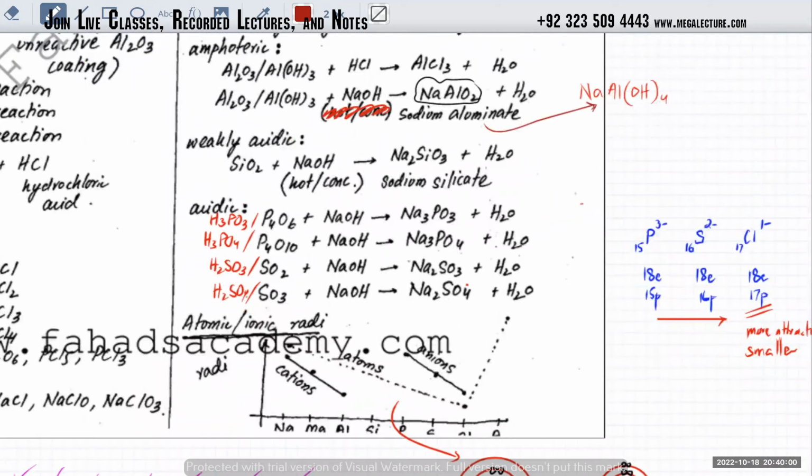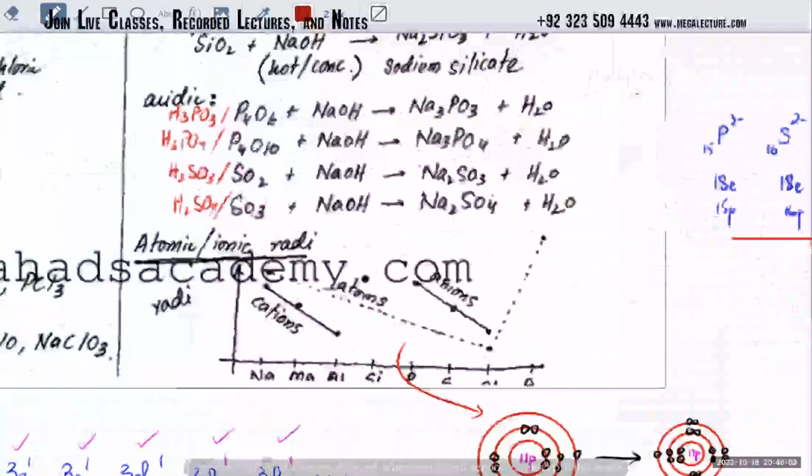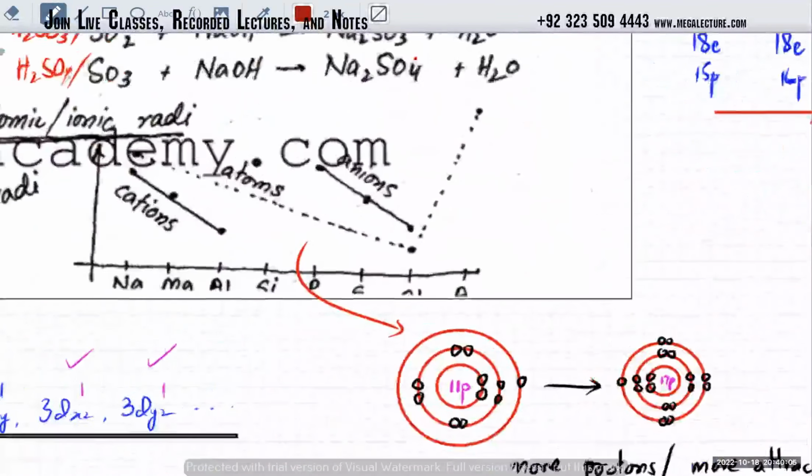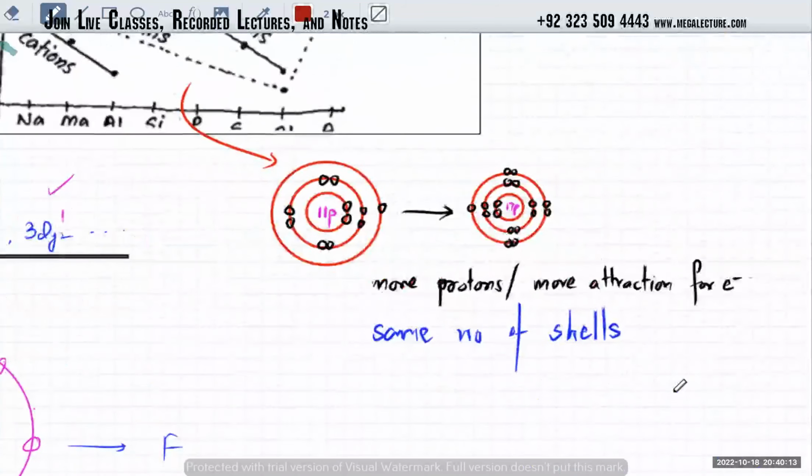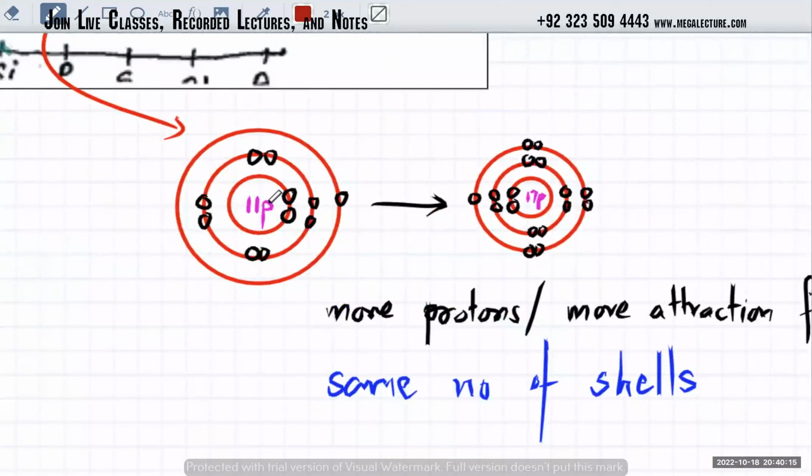Across period 3, what happens to the atomic radius? It decreases. The radius of the atoms from sodium, magnesium, aluminium, silicon and so on across the period decreases. Why? They all have the same number of shells. Sodium has 11 protons, and at the other end of the period, Cl has 17 protons.